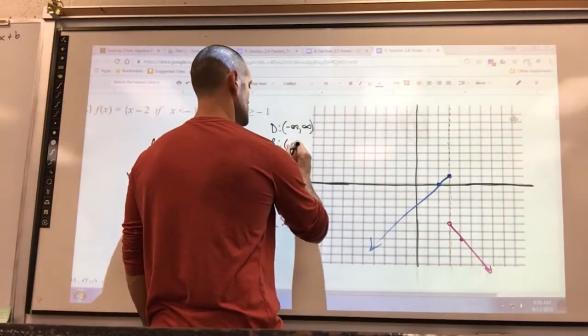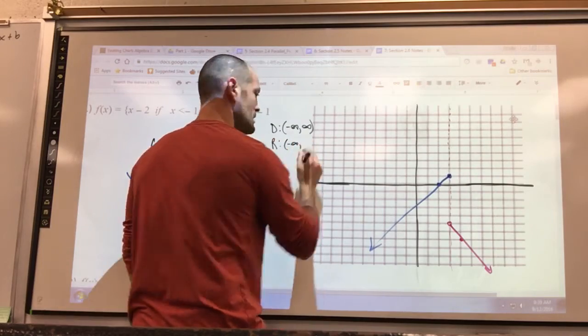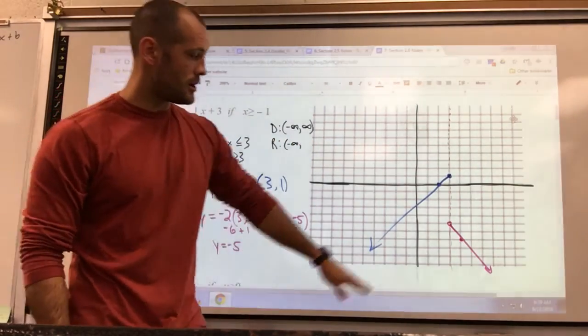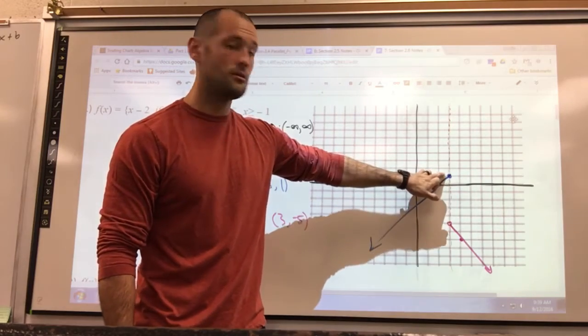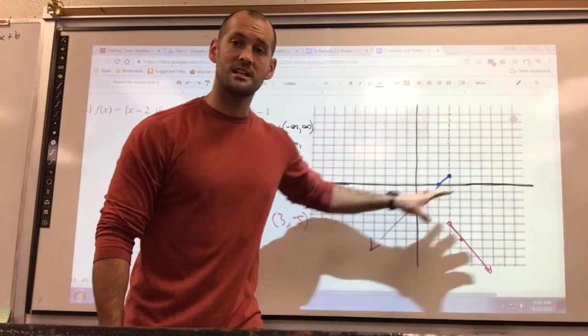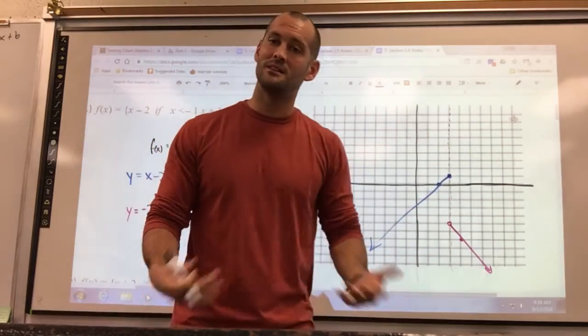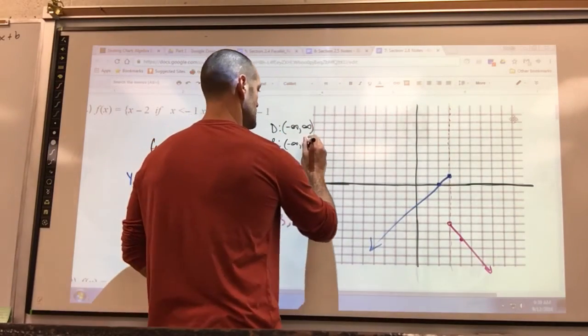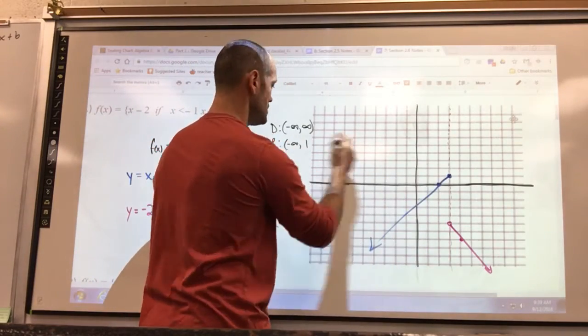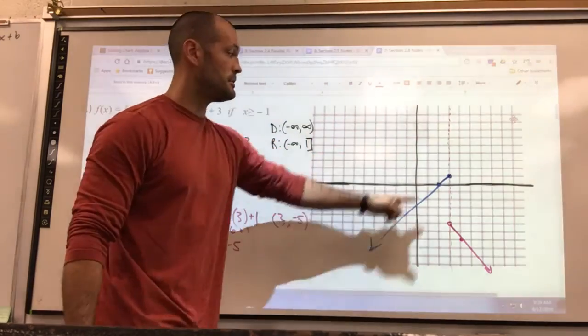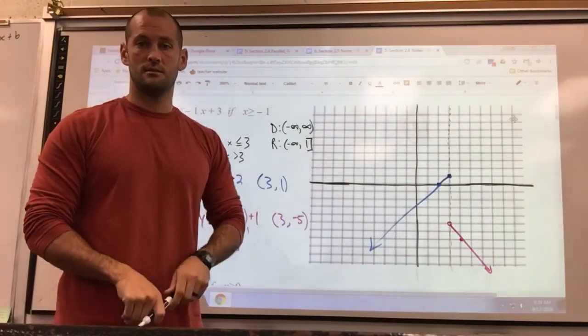So you know your range starts at negative infinity. But how high does it get? Now, while this one only climbs to negative 5, the other one climbs to 1. Now, they both represent the same function, so the highest value on this graph is 1. Now, bracket or parenthesis, it's a closed circle, so it is a bracket. If that would have been open, we would have had another parenthesis.